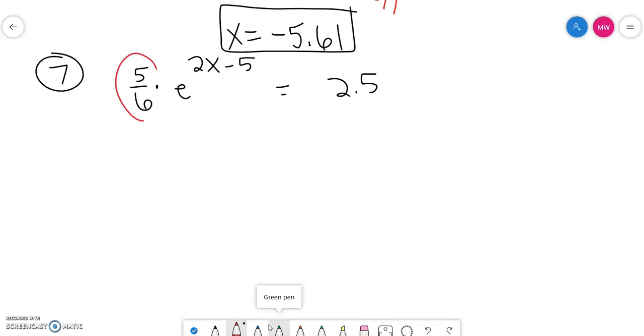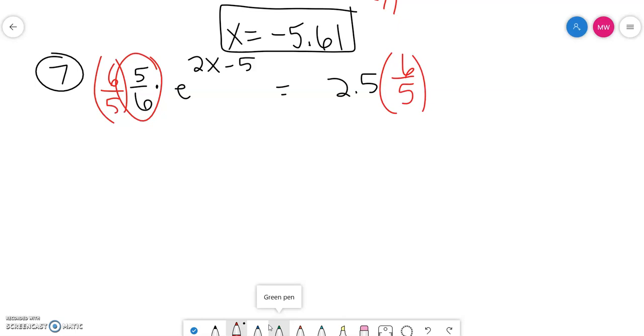Okay, as always, we want to start by getting rid of that leading coefficient. Here we have a fraction though, and so the opposite of 5/6 is 6/5. So we're actually going to multiply by 6/5 on both sides.